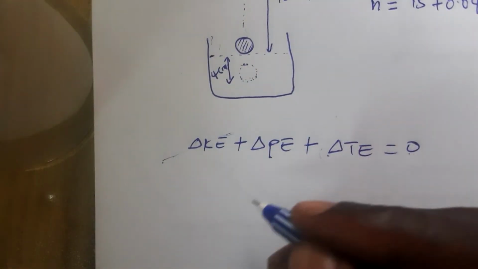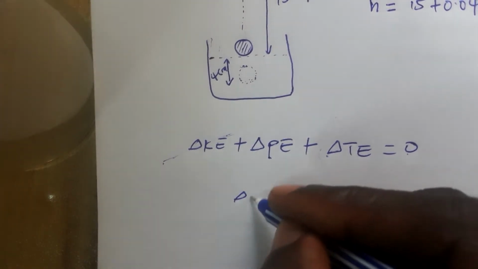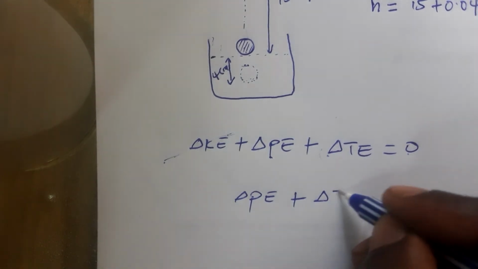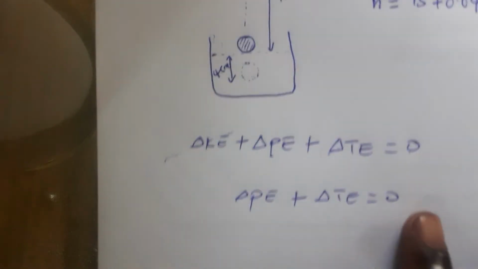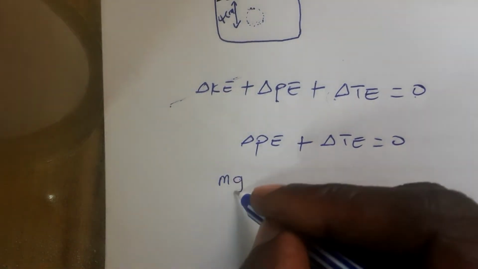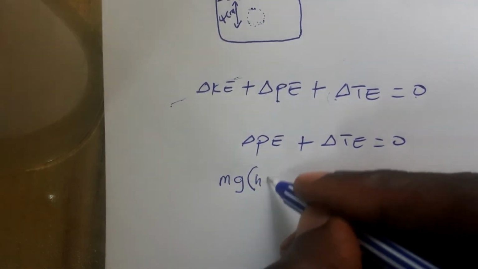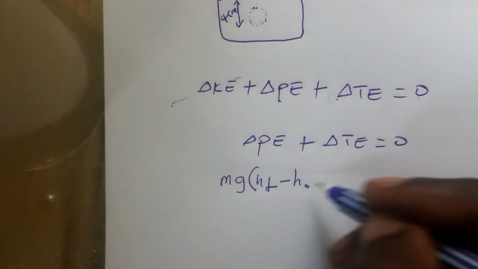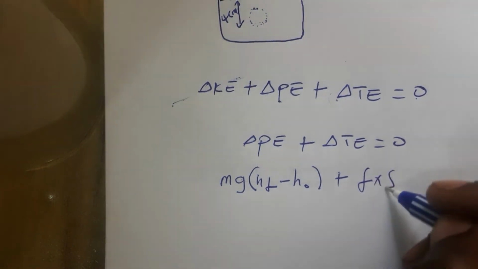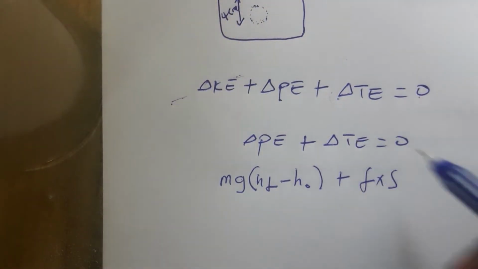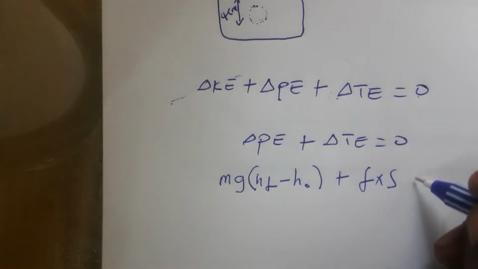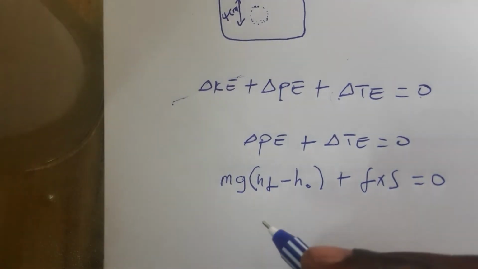So we shall say change in PE plus change in TE is equals to 0. So we shall say mg times final height minus initial height, plus F times S. This is the work done by the frictional force, which is equals to 0.